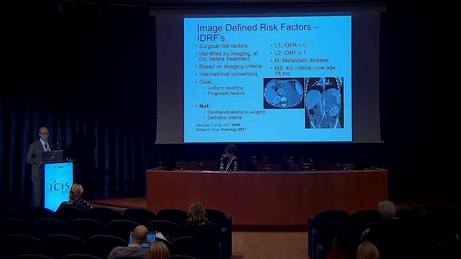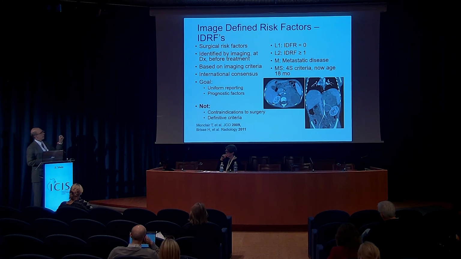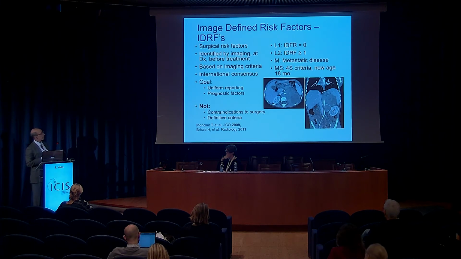Now, the image-defined risk factors are surgical risk factors. They're meant to identify by imaging factors that would influence the ability of the surgeon to accomplish a gross total resection. They influence the safety or the complexity of the surgical approach, morbidity and mortality from surgery, all of which is helpful in terms of pre-treatment stratification.